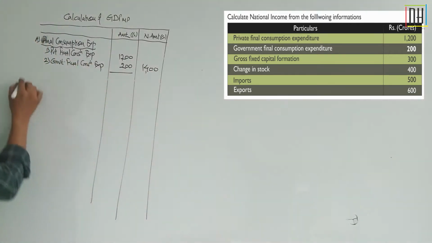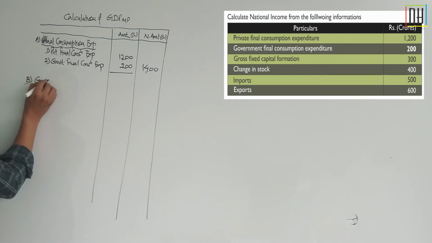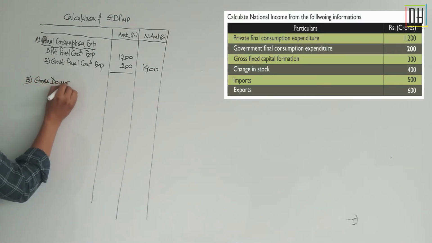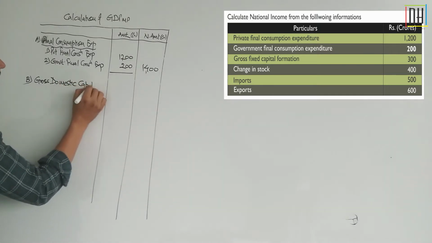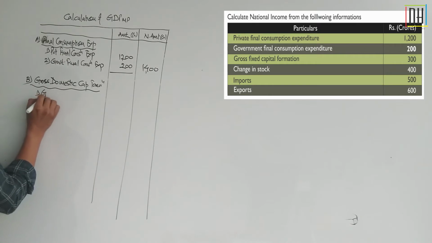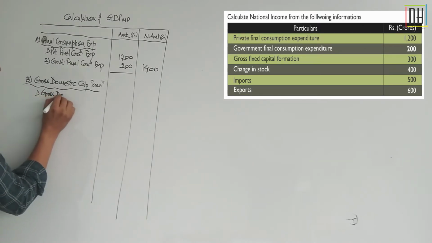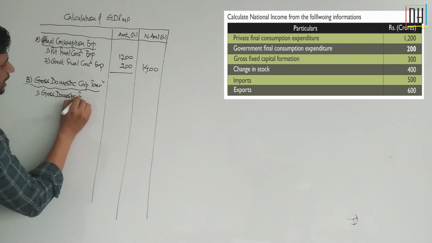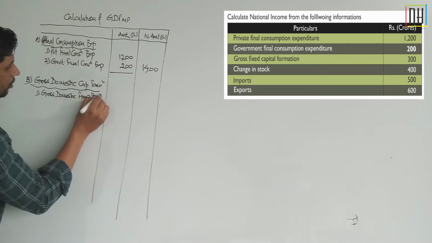This is the total under the main heading. Now we have B, second, gross domestic capital formation. In gross domestic capital formation we have number one, gross domestic fixed investment or fixed capital formation, whatever.